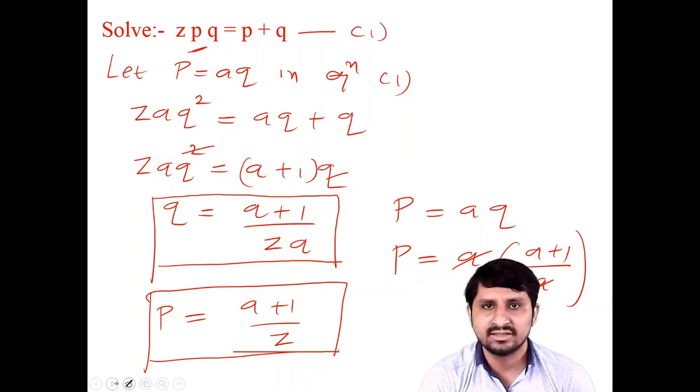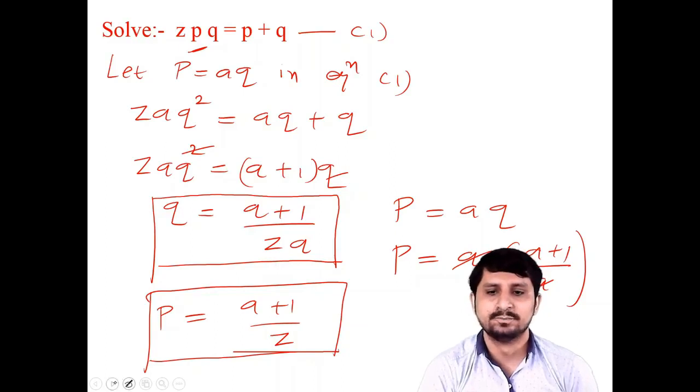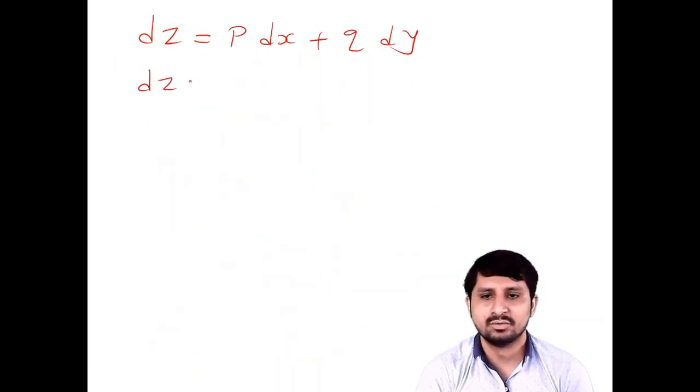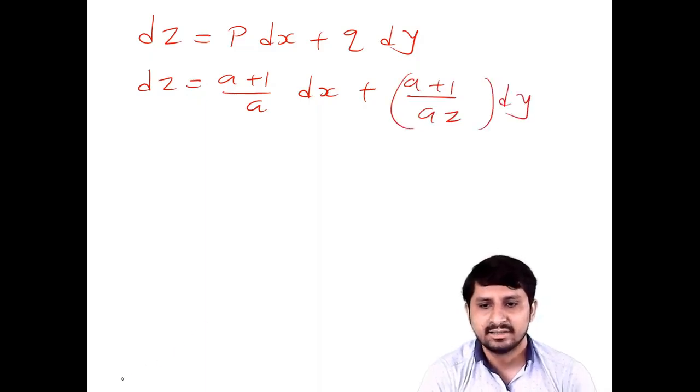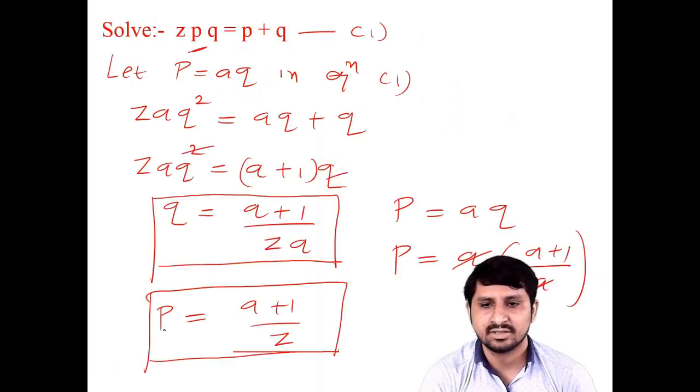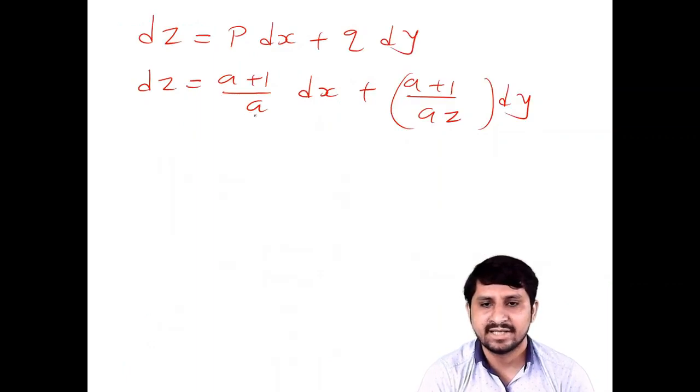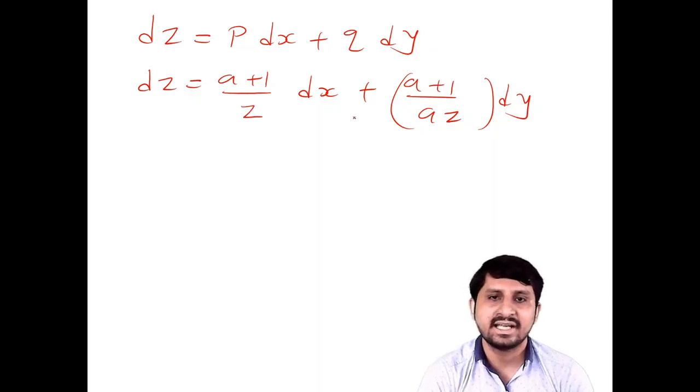So put these two values in this equation: dz is equal to a plus 1 upon z into dx plus a plus 1 upon az into dy. Okay, see from these two equations, here we have z, here we have z.